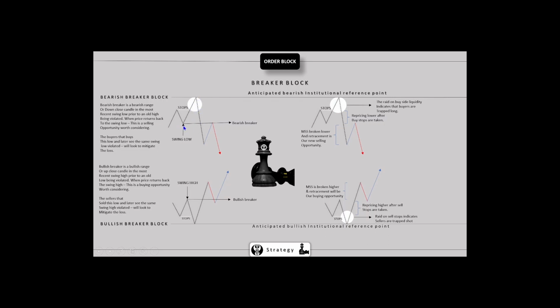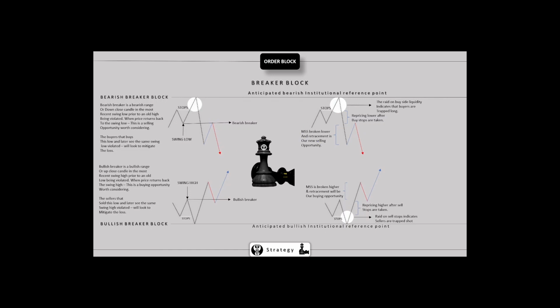Then after that, you'll be patient and wait for this swing low to be violated by a down close candle. And you still want to be patient enough to wait for this retracement to sell at this particular point.